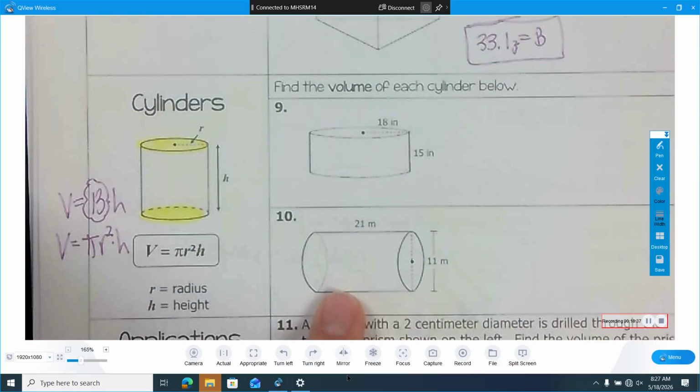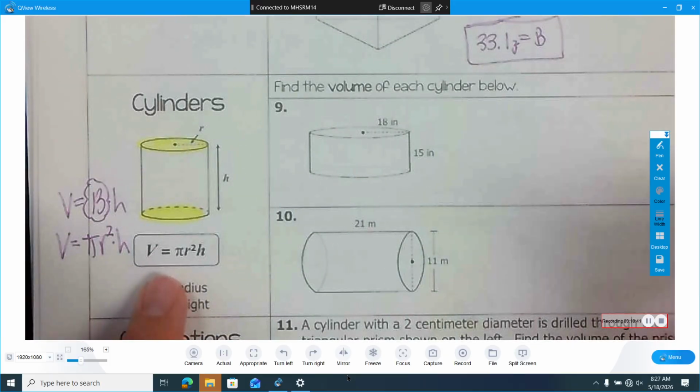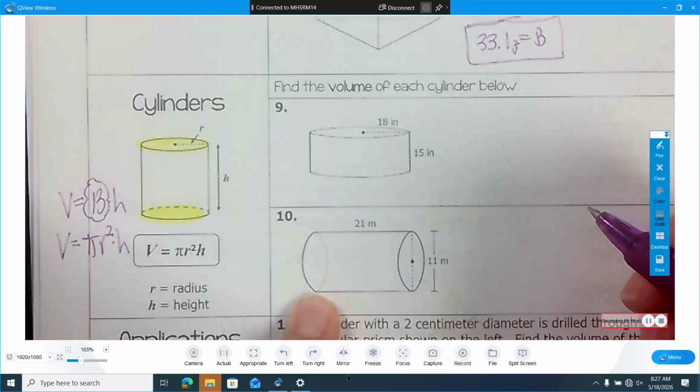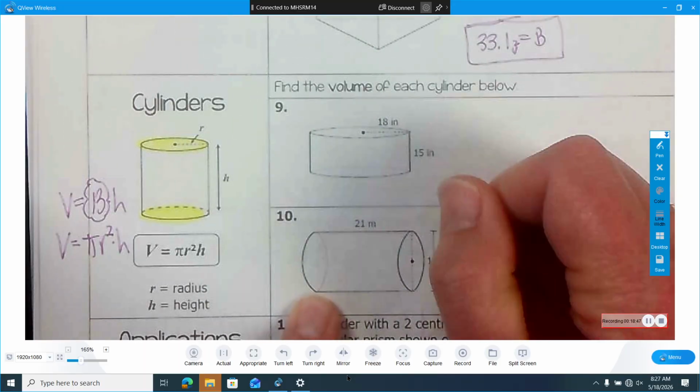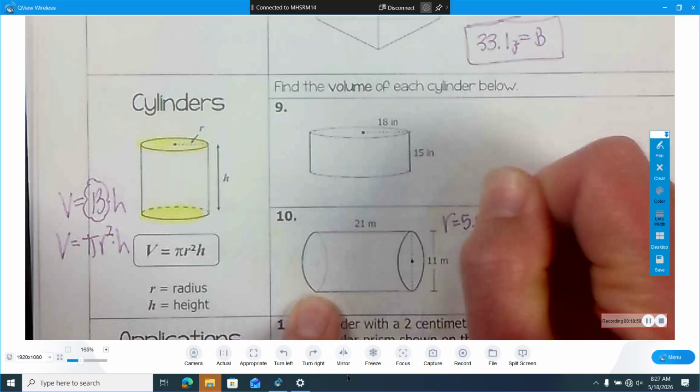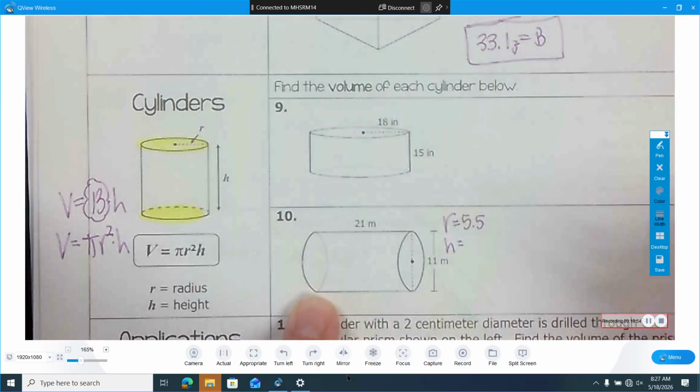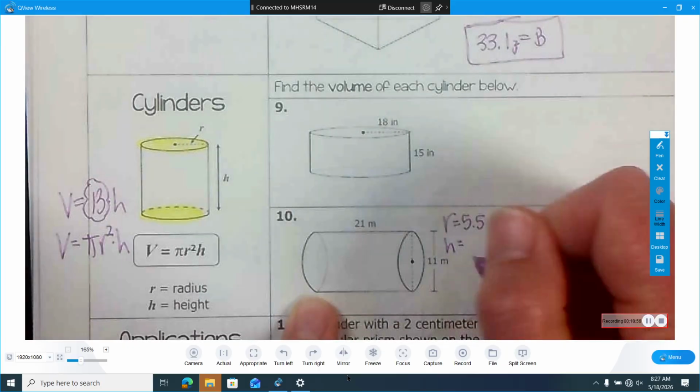And so when I look at number 10, excuse me, what is the radius on number 10? 5.5, half of 11. And then what is the height? What is the height between bases? 21.